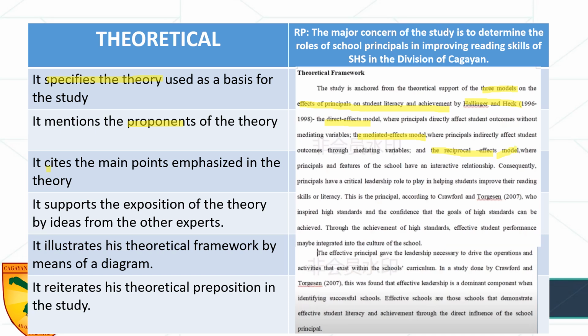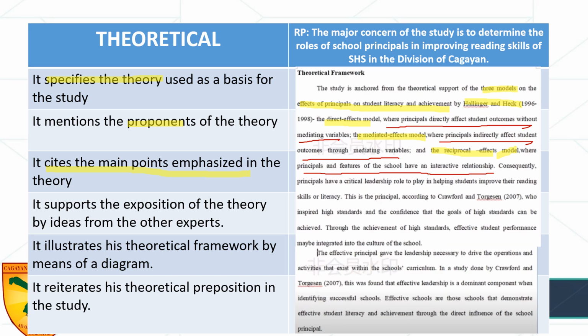And it cites the main points emphasized in the theory, where it says here, principals directly affect student outcomes without mediating variables. Mediated effects, where principals indirectly affect student outcomes through mediating variables. And reciprocal effects model, where principals and features of the school have an interactive relationship.